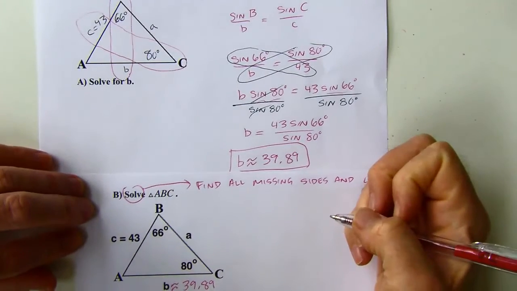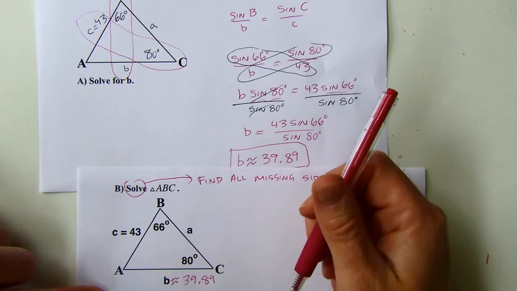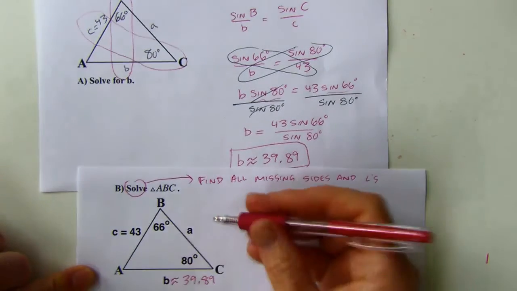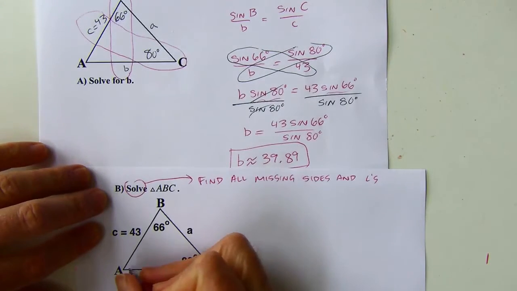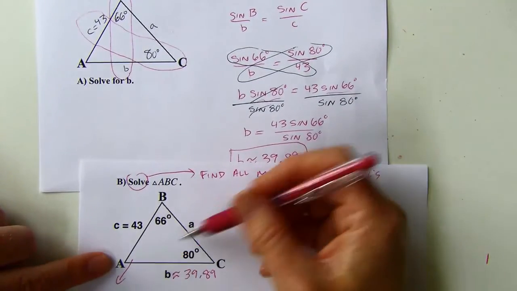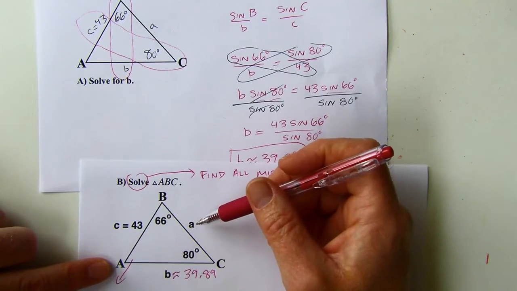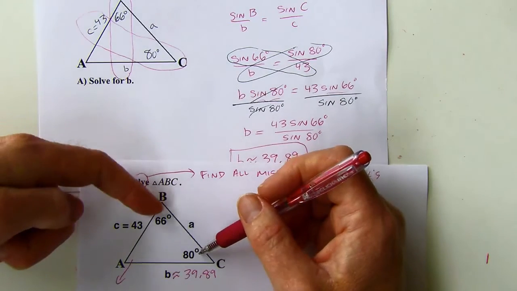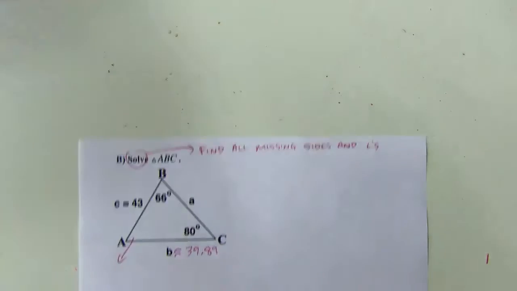If I was doing this problem from scratch, I'd start by using the law of sines to get side B. There's other things you could do. So I'm still missing both of the A's, okay? So what I'm going to do now, I'm going to find this angle. Even though you need one of the A's to do the law of sines. But wait a second, I don't have to do the law of sines because I have 2 of the 3 angles in this triangle.